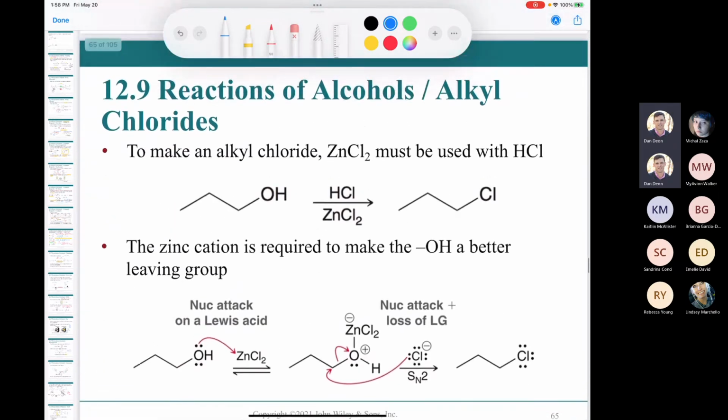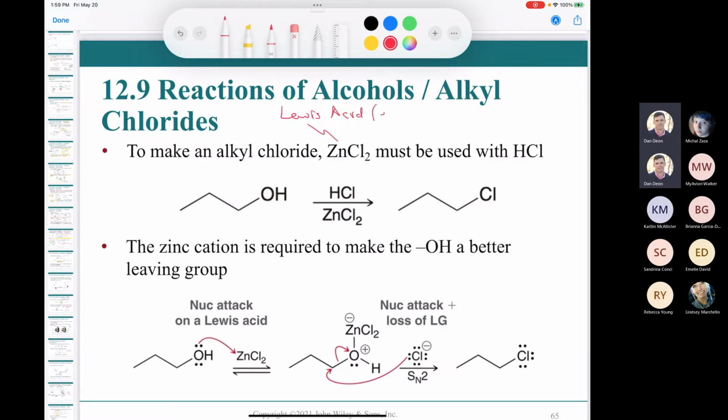Well, if you want to make a primary alkyl chloride, you can't just use HCl. It doesn't work. It works with HBr, but not with HCl. So how do we spruce up the reaction conditions? What we do is we have to add zinc chloride. Why do we do that? We do it because zinc chloride is a Lewis acid.